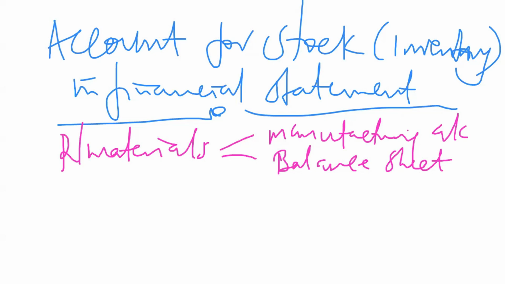But we also know that the value that is going to come from the manufacturing account is the same value that we are going to be taking to our income statement, to replace the figure for purchases. Because here we are not going to be purchasing finished goods, we shall be producing our own goods. So the purchase line item will be replaced by the manufacturing cost or the production cost. Meaning the raw material itself doesn't go through the income statement. It goes there indirectly through the manufacturing cost.